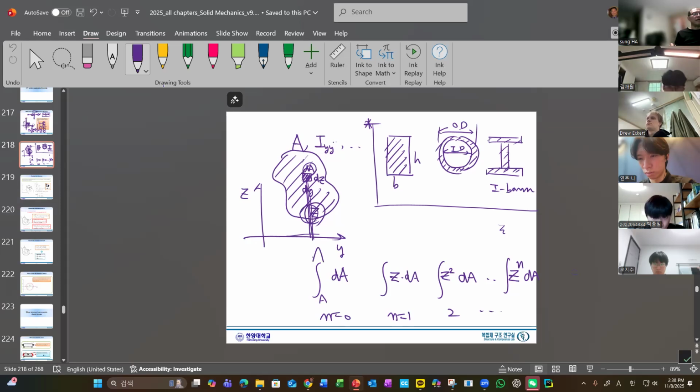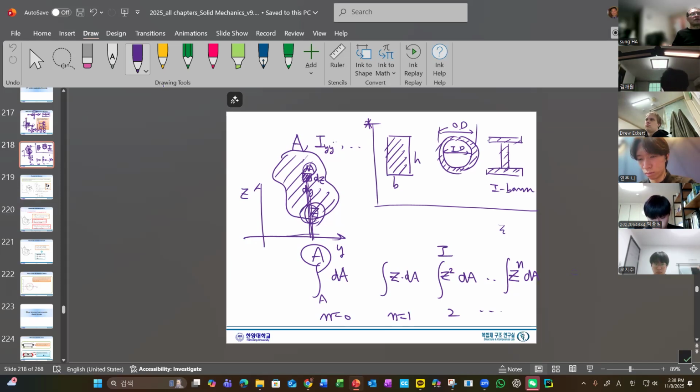This is A, and this is called I. And this one is when we integrate dA and just multiply by z, we are using this equation to define the center of the cross section, the centroid.